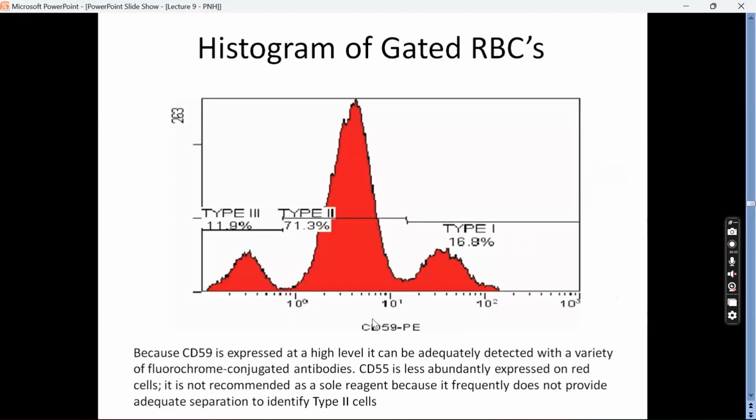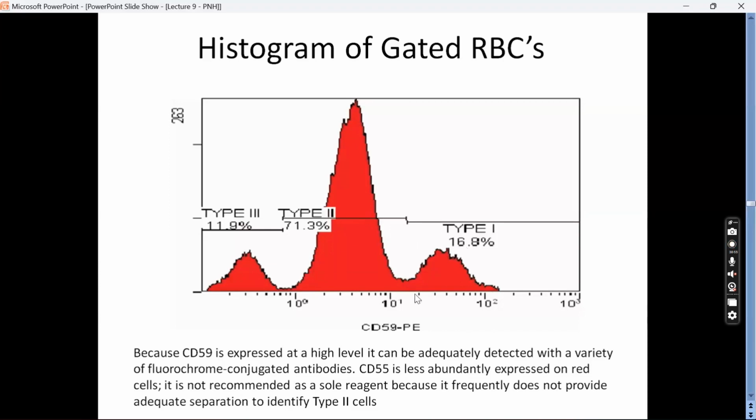Okay, now this is a PNH patient where I'm showing you a histogram of RBCs showing CD59 expression. Now you find, as I showed you, there are three populations. One population is showing normal or bright CD59 positivity in this particular peak, which is around 16.8% of total RBCs. Okay, 16% of RBCs are showing normal expression of CD59.